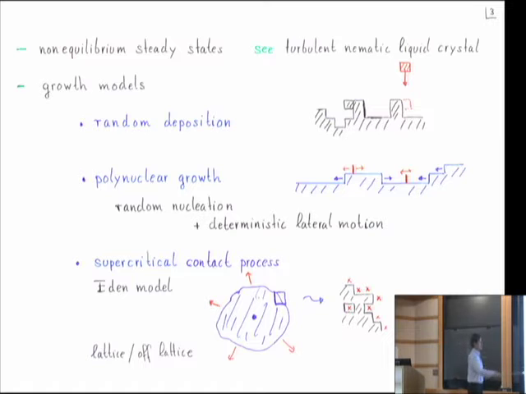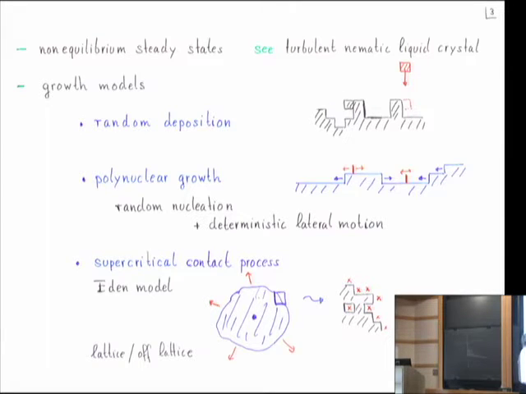So another one is a supercritical contact process. You imagine that there's some infection which is spreading, and let's say the rule of the infection is that you already have a particular set of infected sites, and then you simply declare that all neighboring sites can be infected.